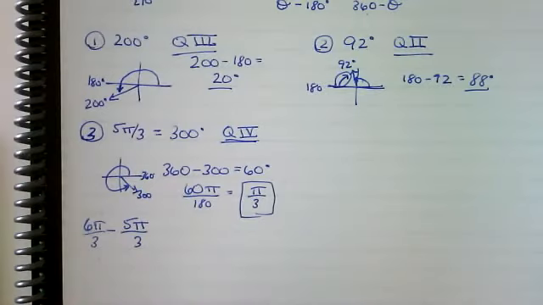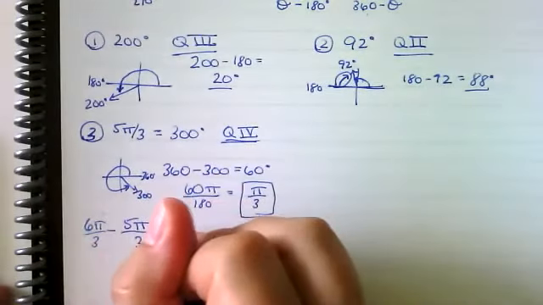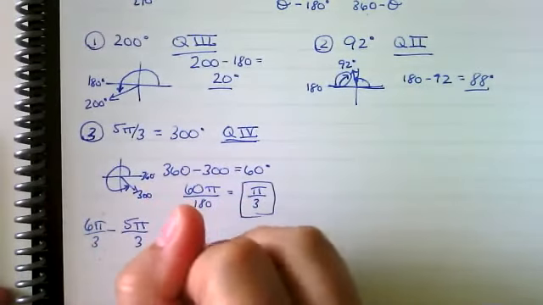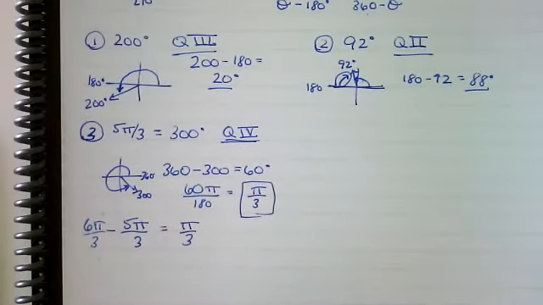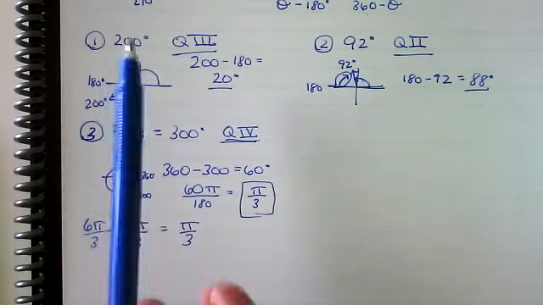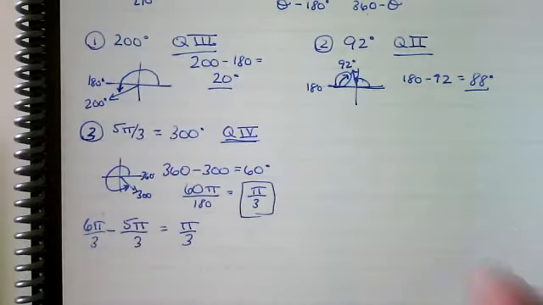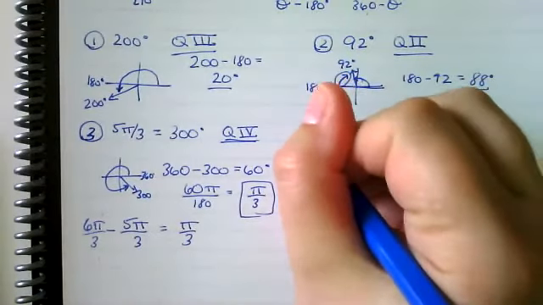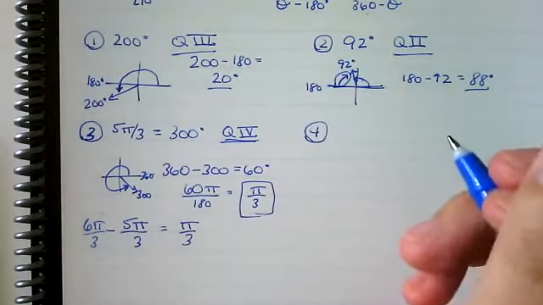Then 6 minus 5 is just 1, and that gives me pi over 3, so it gives me the same answer. If you want to convert and then convert back, just remember your final answer. If they give you radians, it has to be radians. If they give you degrees, it has to be degrees, okay? So that's one extra step you have to do with radians, is just make sure that you're converting at the end.